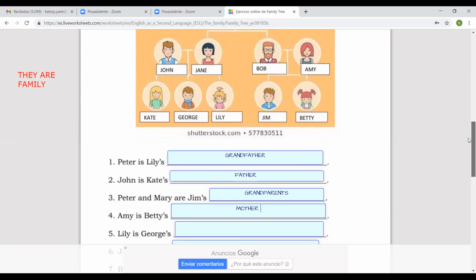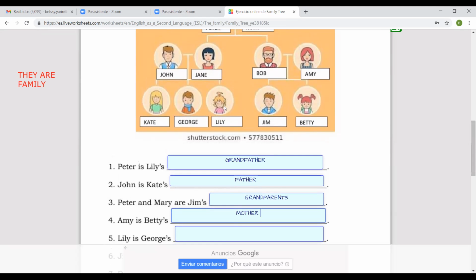Okay, what about the relationship between Lily and George? Lily and George. What about in this? Sister. Brother. Okay, sister. George is Lily's brother. Lily is sister.